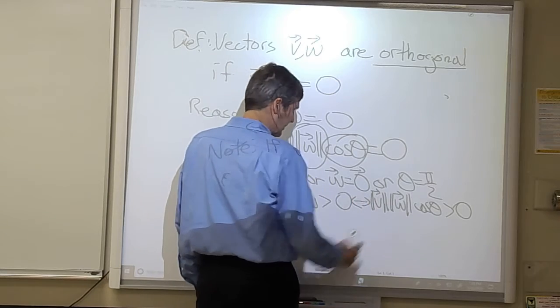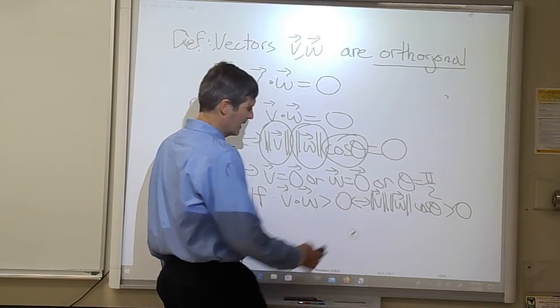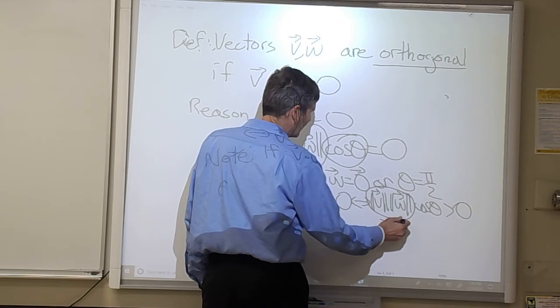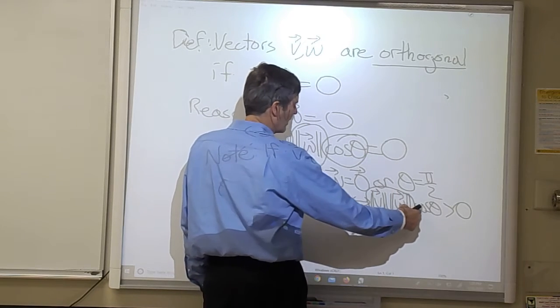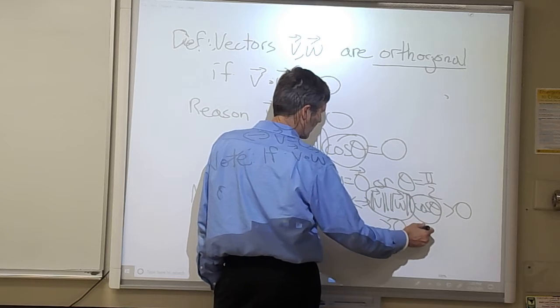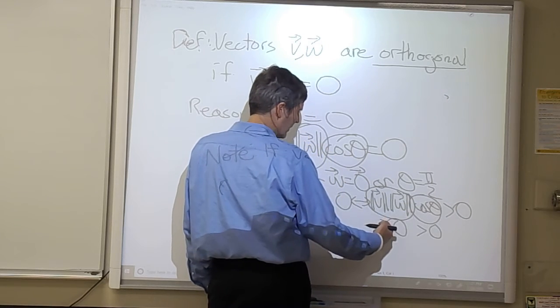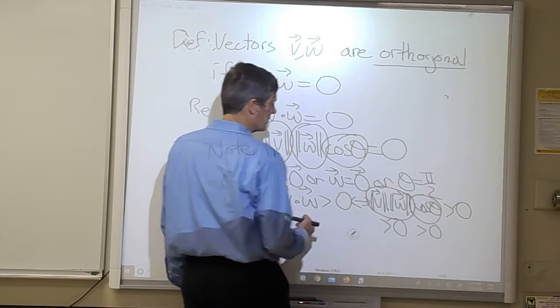But these are lengths. They can't be negative. If this product is positive, none of these can be zero, so it must be that these are positive. Which also means then that cosine is positive, right?